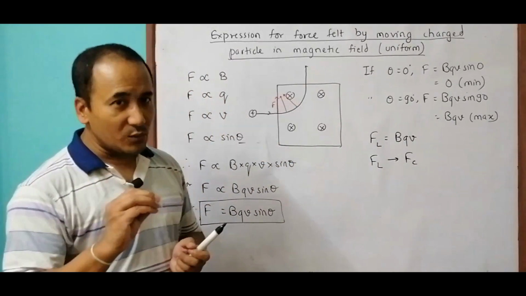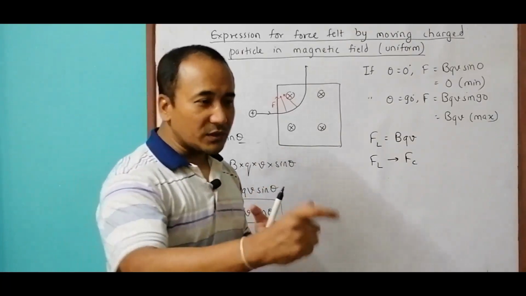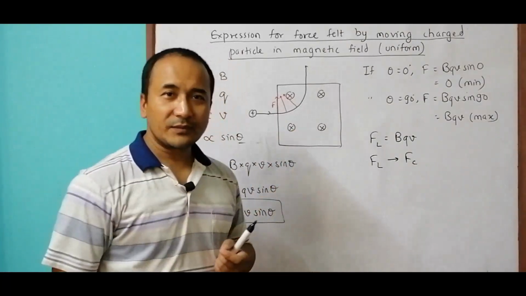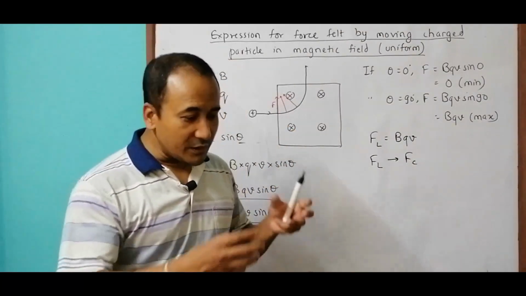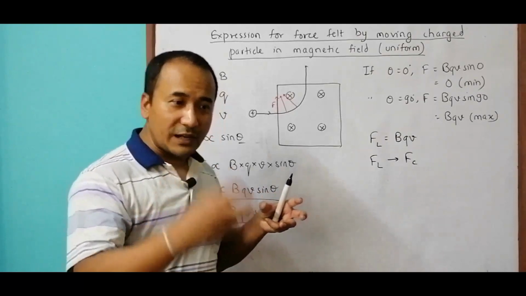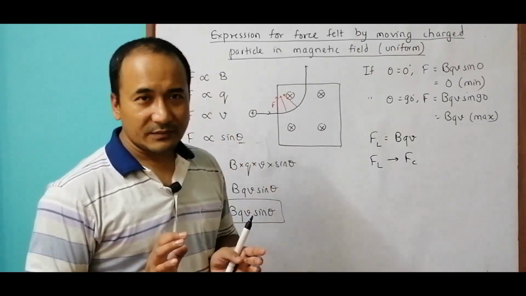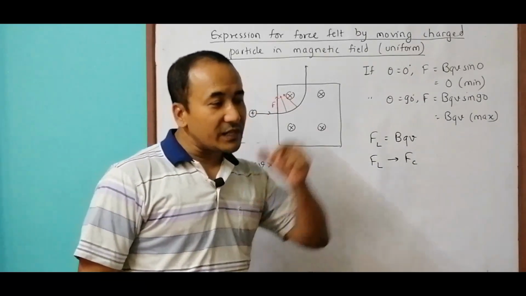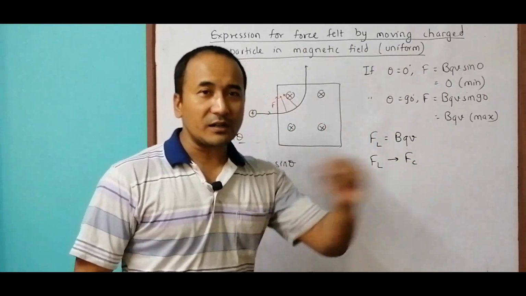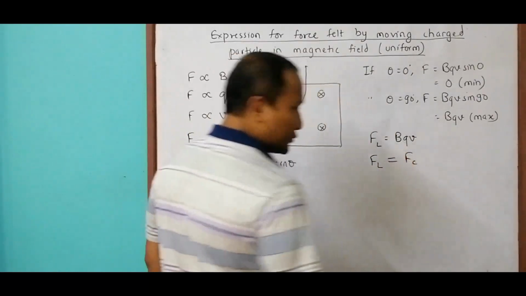I buy the pant only if I feel that the worth of my money and the worth of that pant are equal. If I feel that they are not equal, I won't buy it. So the numerical value, the worth of that pant and my money, is equal. That's why I buy it. So if something creates something, their numerical values are equal. So that's why this is equal to this.